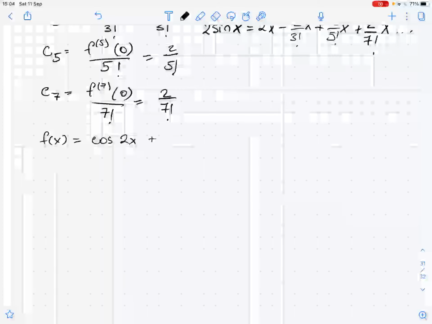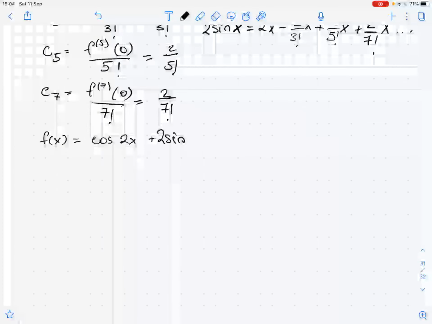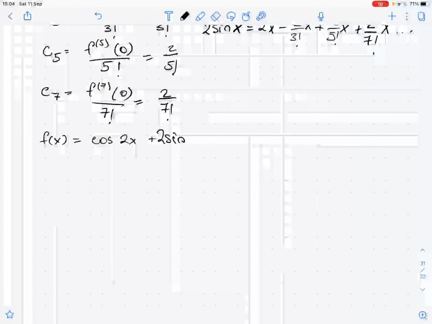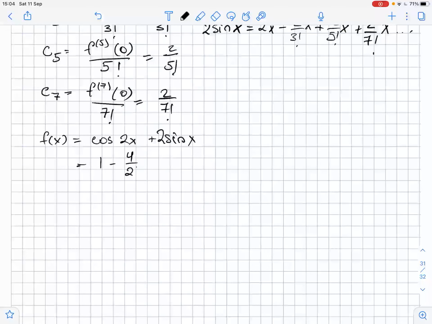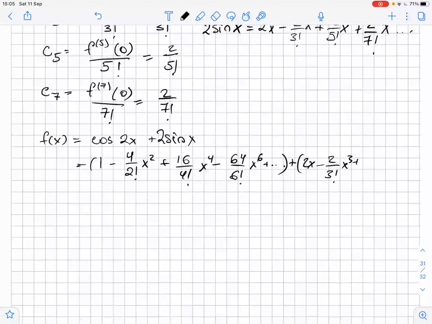So we get that f(x), which equals cosine of 2x plus 2 sine of x, equals 1 minus 4 over 2 factorial x squared plus 16 over 4 factorial x to the fourth power minus 64 over 6 factorial x to the sixth power, and so on, plus 2x minus 2 over 3 factorial x cubed plus 2 over 5 factorial x to the fifth power minus 2 over 7 factorial x to the seventh power, and so on.